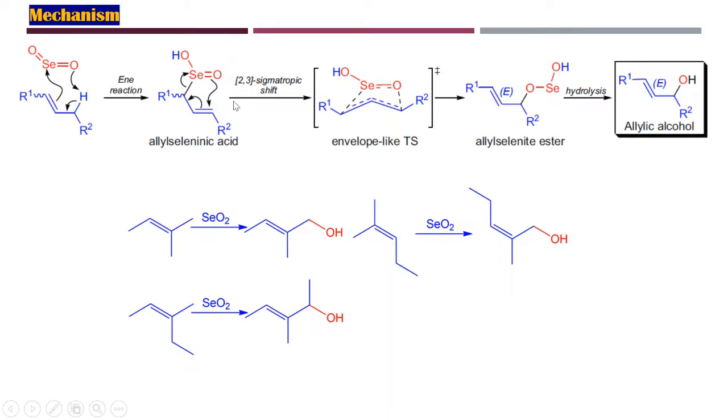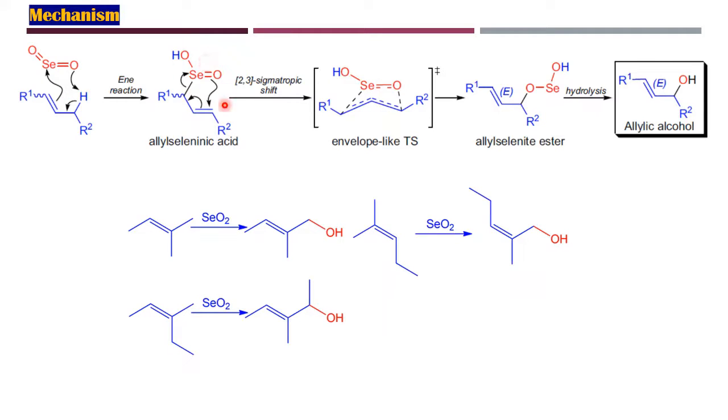So over here, the mechanism for the allylic oxidation reaction is as shown. It is an ene type of reaction in which this hydrogen will be taken up by this oxygen and then the pi bond will attack over here on the selenium. And that will mean that a double bond is formed here.